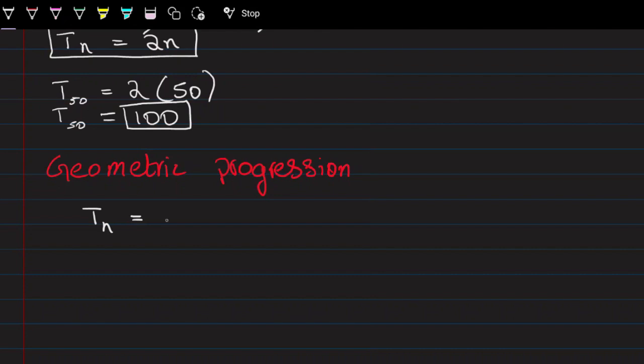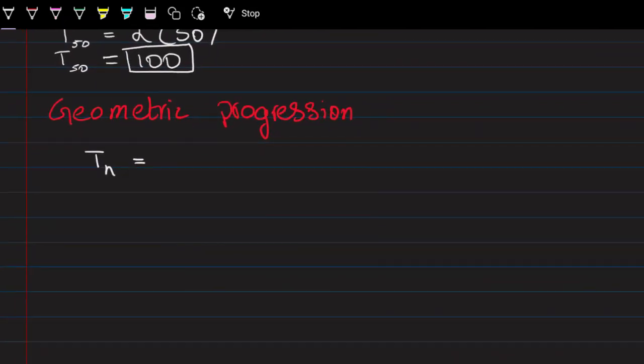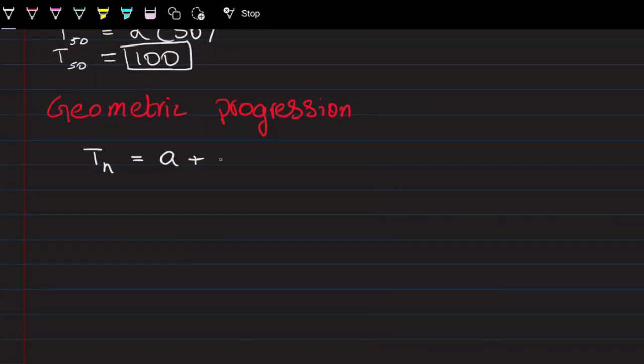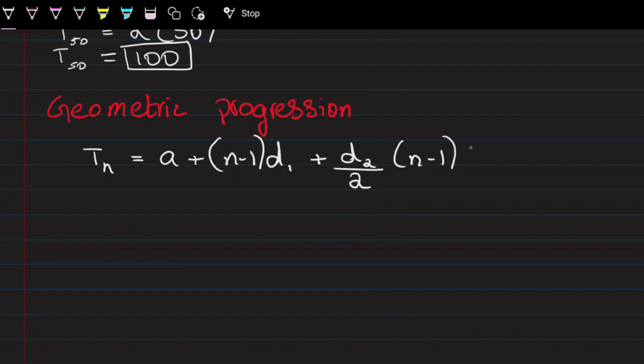So the nth term is, the first part will remain the same, a plus n minus 1 into d, and here in the subscript I add a 1. I'll let you know why. Plus d2 over 2 into n minus 1 into n minus 2.